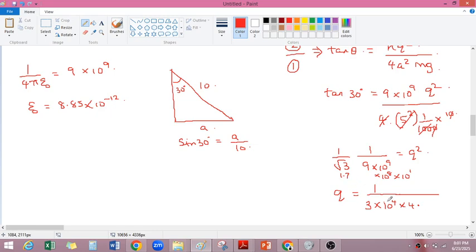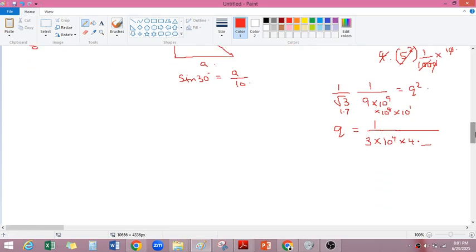Because 16 is 4, so 4 point something, so that should be your answer. So 1 by 12 into 10 power minus 4. So see if you are getting something close to this.